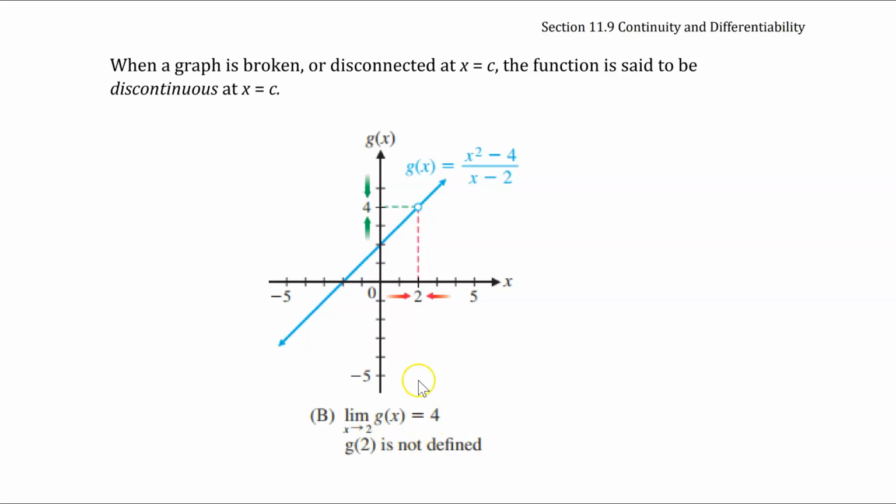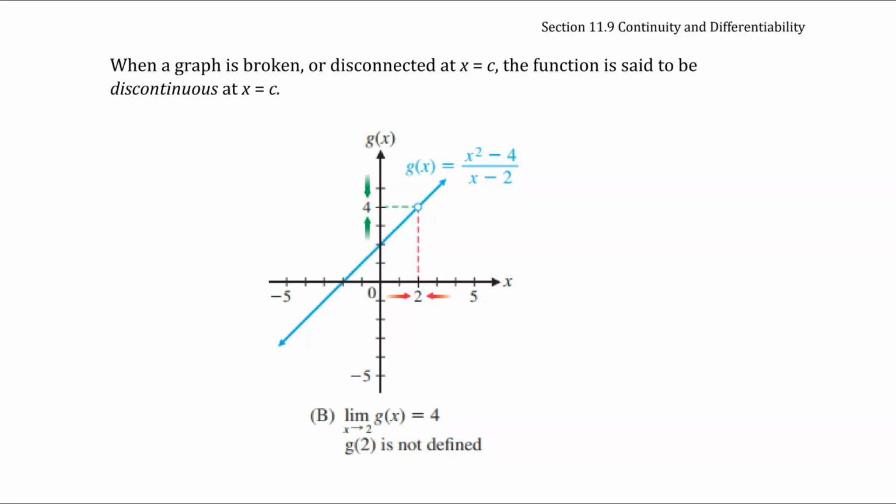But again, the graph is not defined at x equals 2. In this example, we see a case wherein the limit of the function exists at a point, but the function is not defined at that point.